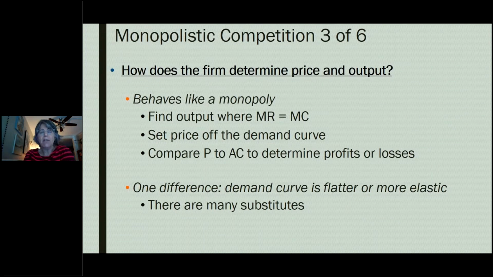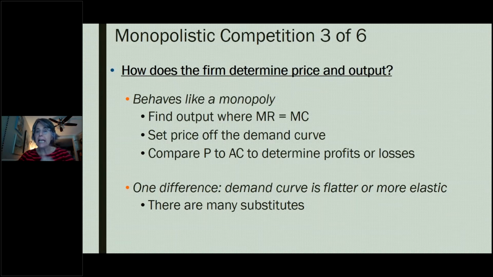Now, for every one of these industry structures, the first question we're going to ask is, how do you determine price and quantity? Well, we know so far that you pretty much choose Q where marginal revenue and marginal cost are equal to one another. So they're kind of like a monopoly in that they find where marginal revenue equals marginal cost.